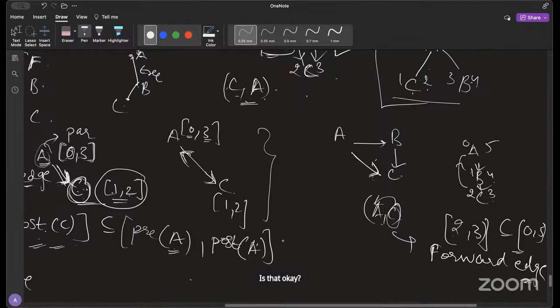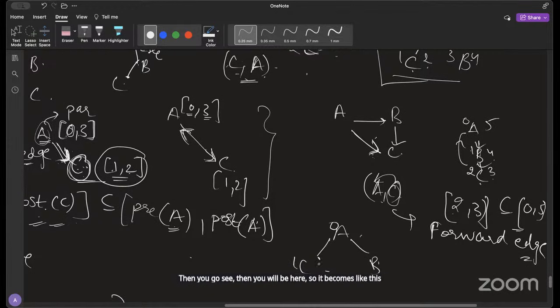Ma'am, would BC be a forward edge too? BC is already part of the tree. In this particular tree, BC is a part of the tree. But if you start from A, then you go to C, then you go to B here, it becomes 0, 1, 2, then 3, 4, and then 5. Now if you take BC, it's a cross edge, right?